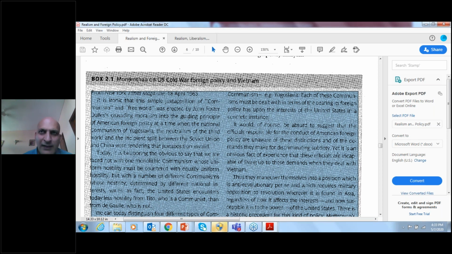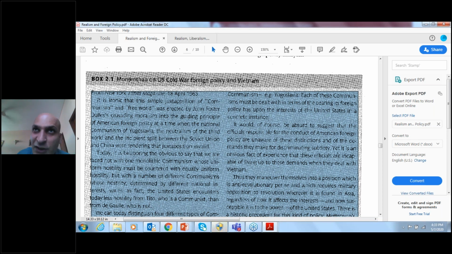So why would Morgenthau oppose the US entry into Vietnam? Vietnam is a weaker country. America is stronger. But Morgenthau opposed America's entry into Vietnam. And America had entered into Vietnam because of a particular theory also.